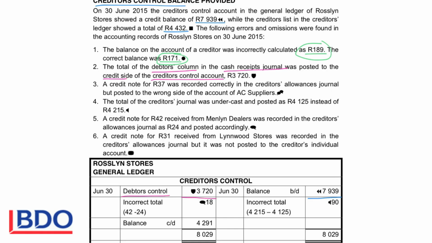A credit note for 37 was recorded correctly in the creditors allowances journal but posted to the wrong side of the individual person. If there was no mistake in the journal, there's no mistake in the creditors control. A credit note that we receive will reduce our creditors, so this 37 was supposed to be recorded on the debit side of the account of AC suppliers.